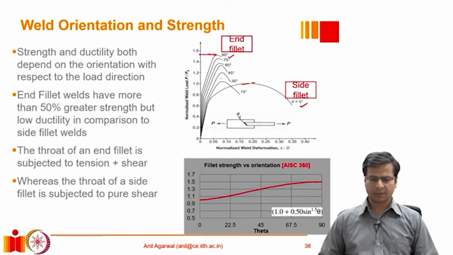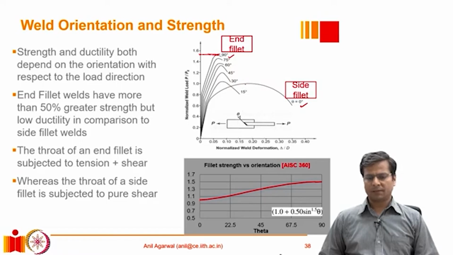And as we have discussed, the stress state within the fillet itself changes from side fillet to end fillet. In a side fillet, it is primarily governed by shear, and end fillet is primarily governed by shear plus some normal stresses, and that has an effect on the ultimate failure strength also. Right? So when we look at this number, we understand that the behavior of most of the ductile materials can be predicted by using von Mises failure criterion.